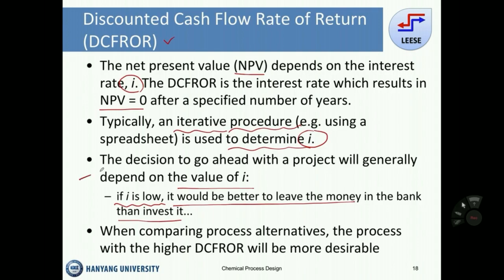So this is a kind of threshold value, whether the process is profitable or not. So a high DCF-ROR means it's more profitable. So we can compare different projects, and a higher DCF-ROR will be more desirable.